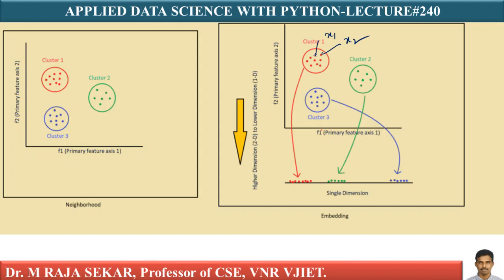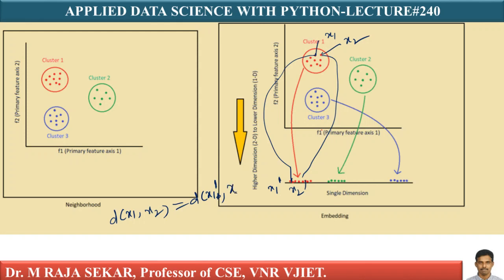This x1 is transformed here into x1 dash, and this x2 is transformed into x2 dash. What does it mean? The distance between x1 and x2 is equal to the distance between x1 dash and x2 dash. That's the idea, isn't it?